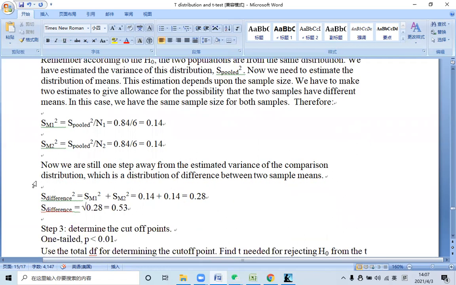And when we are estimating the distribution of differences, we need to add them up in estimating the variance. This will be the difference between M1 and M2.